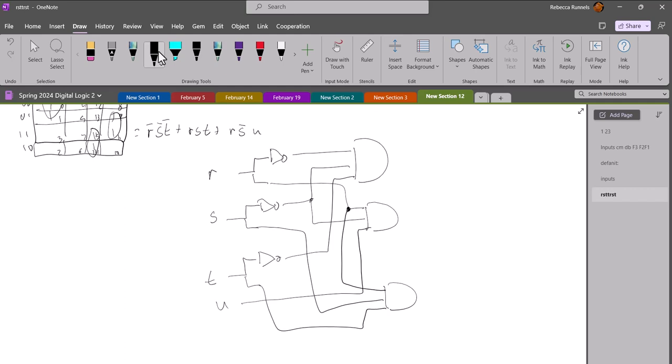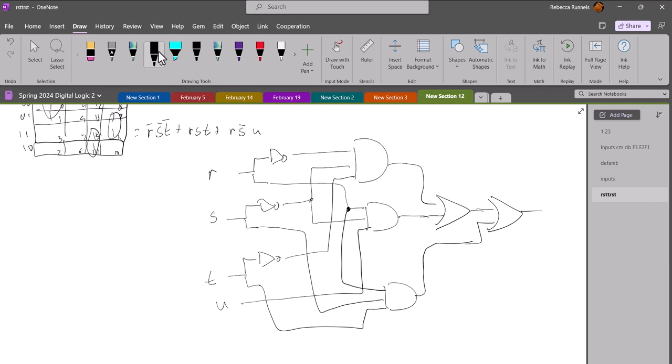And then I would use a 3-input OR gate. Actually, I don't think you have a 3-input OR gate, so I'd use a 2-input OR gate to OR those together, and then OR that with another OR gate. And then that would be that circuit.